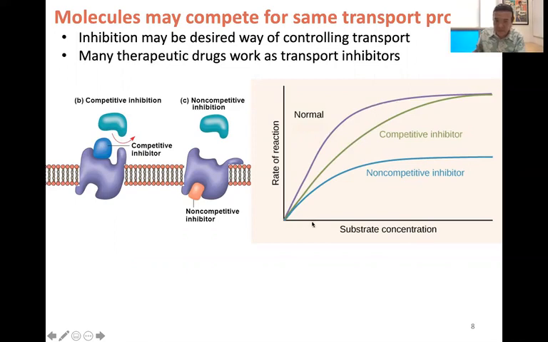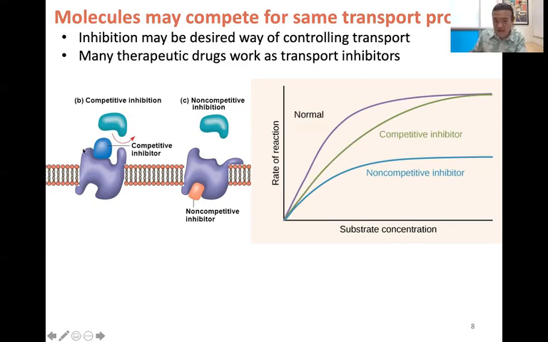As the substrate levels increase, substrate referring to the light blue molecule being transported, and you follow the rate at which the substrate is handled by these transport proteins, if nothing is getting in the way, you have that very typical kinetic response of reaching a saturation point. At a certain point you have so many light blue molecules that the rate of them moving in can't go any faster, because it's limited by the fixed number of dark purple receptors, or transport proteins.